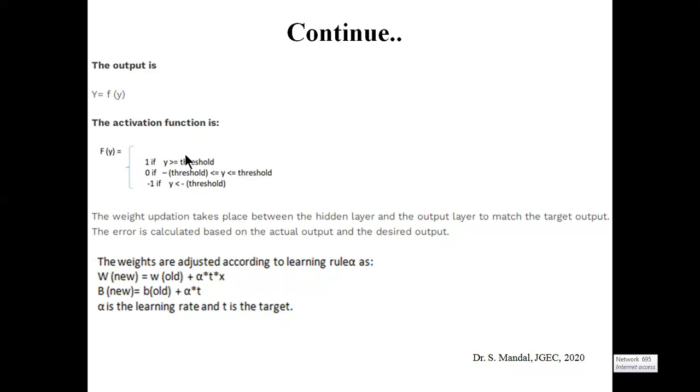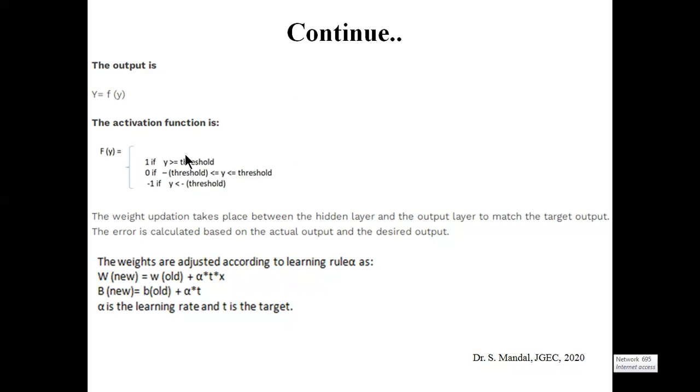Here we consider a binary step function, defined this way: f(y) is 1 if y is greater than the threshold, 0 if the calculated value of y lies between minus threshold and plus threshold, and if it is less than minus threshold, the value will be -1. So this kind of activation function has been considered for the perceptron learning rule.